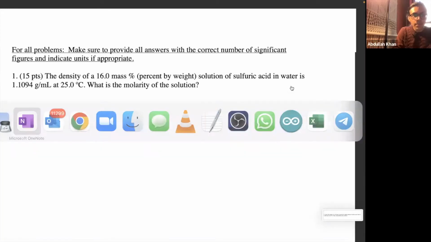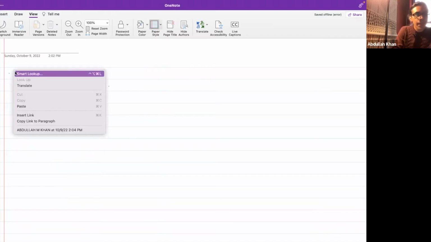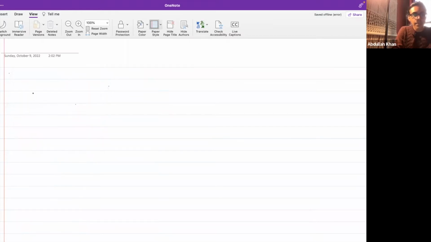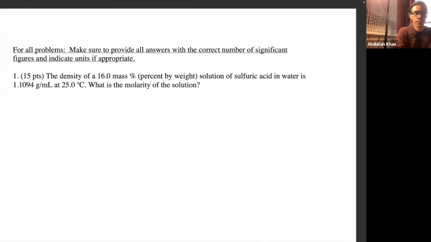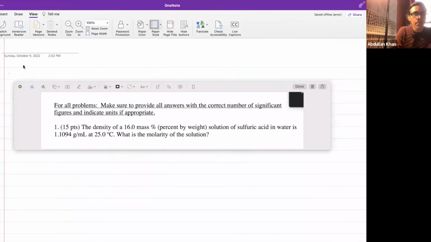Uh-oh, someone's unmuted. Just letting you know. How does this work? So I copy. There it is. Paste.